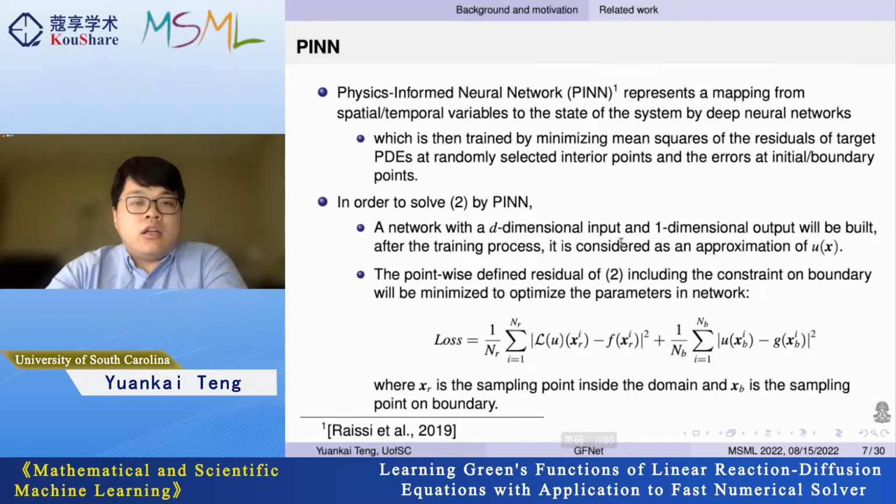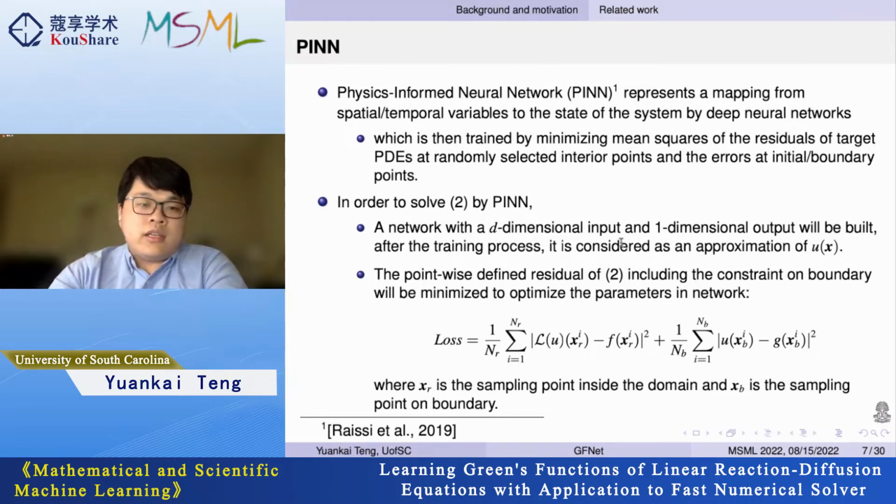Here I would like to introduce some related work. First, our method is based on PINN, the physics-informed neural network, which represents a mapping from spatial or temporal variables to the state of the system by neural networks. It is then trained by minimizing the mean squares of the residuals of the target PDEs at randomly selected interior points, typically sampled by LHS, and the errors at initial or boundary points.